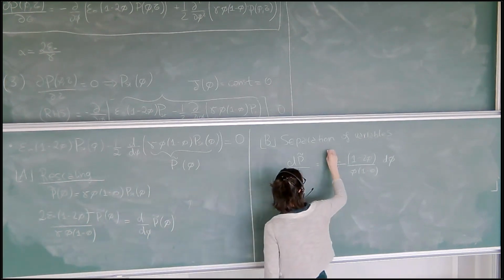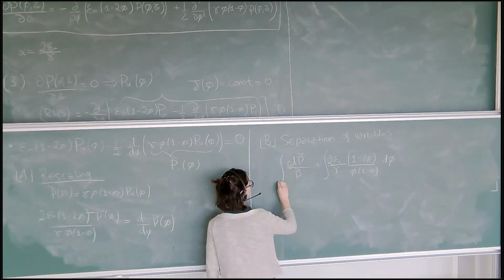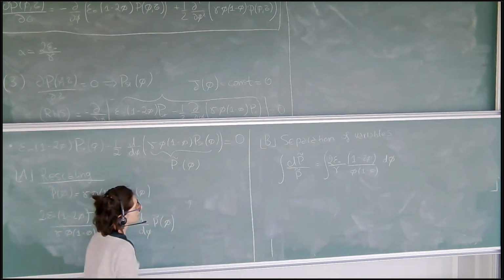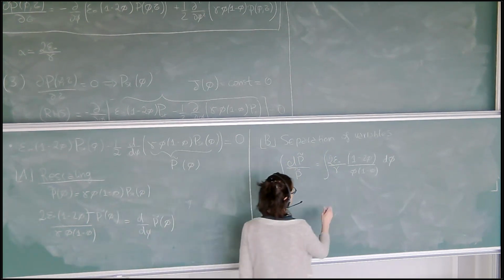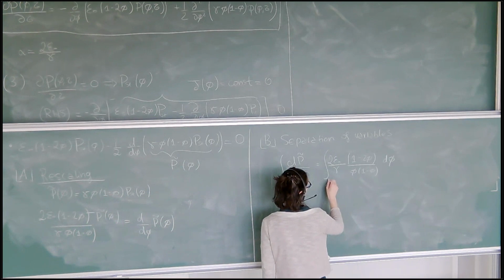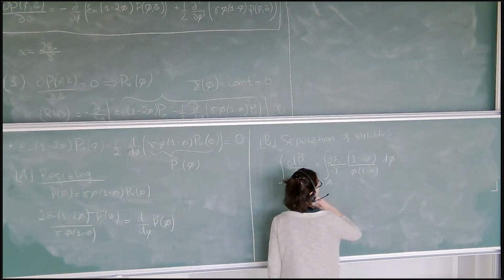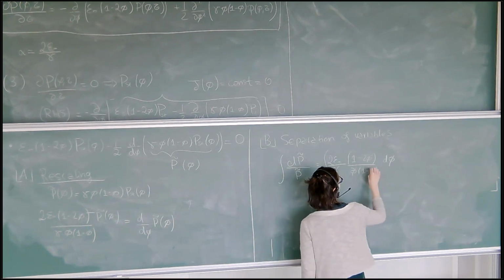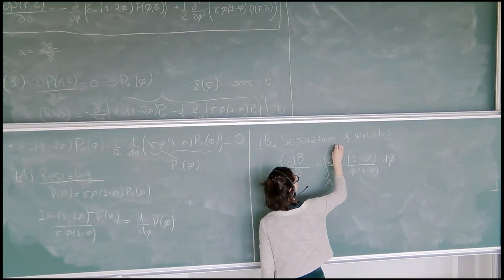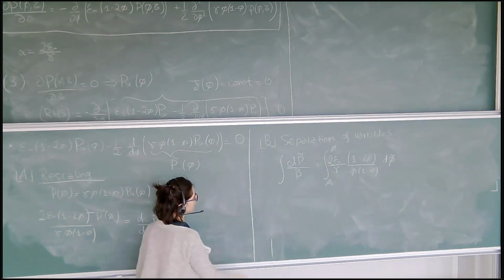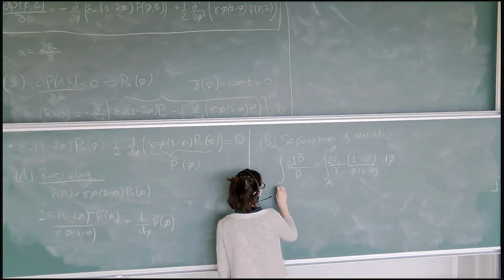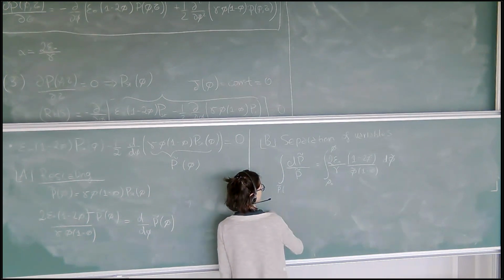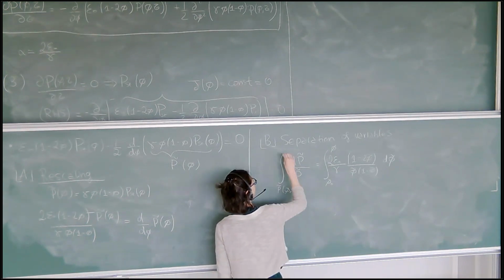And so now what you can do is to integrate both terms. So you integrate the right-hand side from some phi 0 to some phi, well, let me call it phi tilde, so that I integrate up to phi. And the left-hand side you integrate from the corresponding value of the distribution at phi 0 and the one at phi.